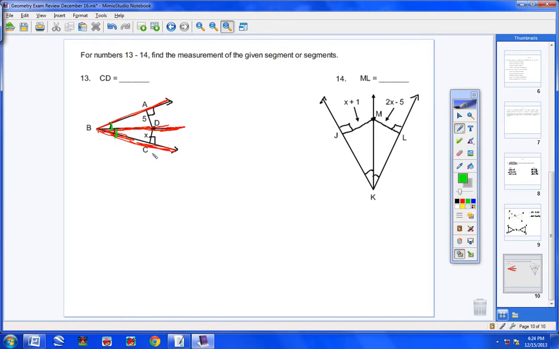And from this point right here you have a line coming off each side, perpendicular to the outside angles. When those things happen, then you know that these two segments, AD and CD, are congruent.